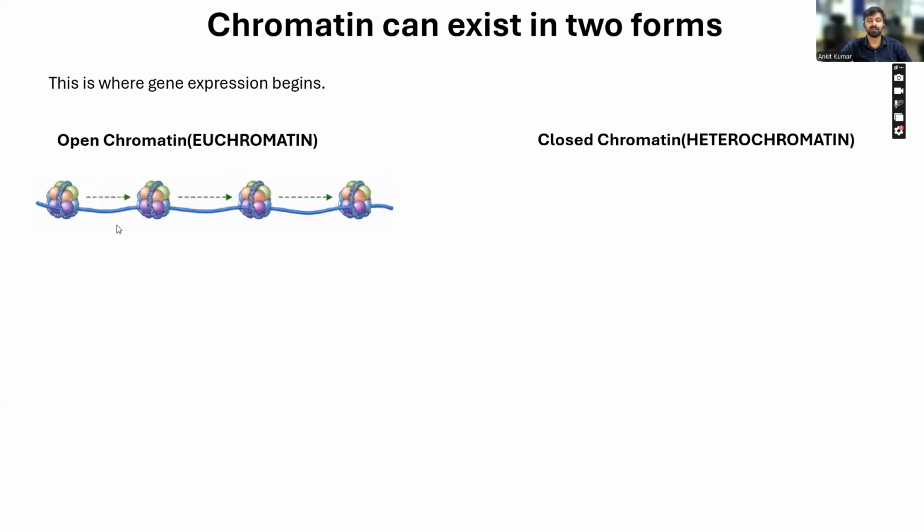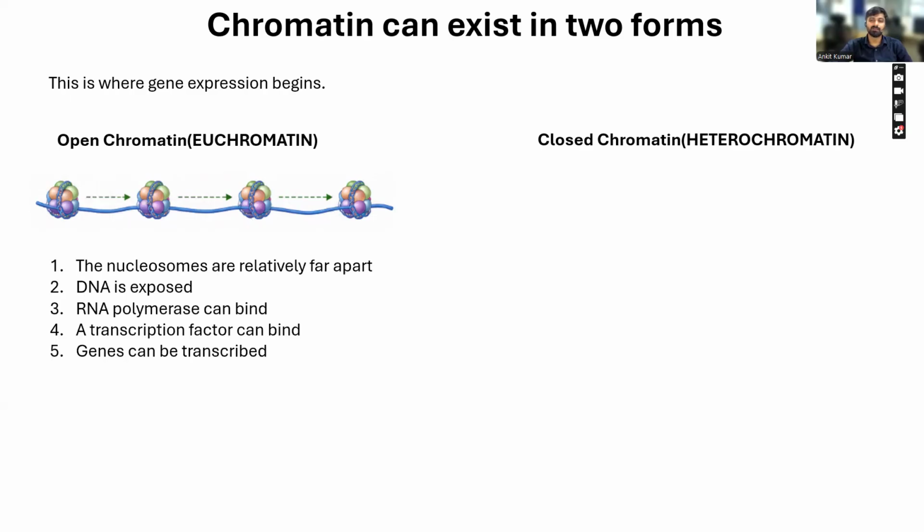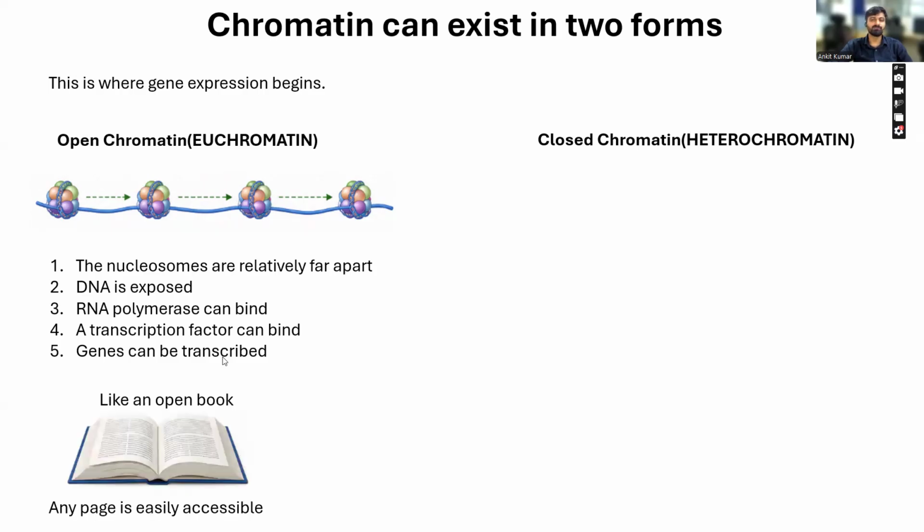RNA polymerase will come, read the DNA strands, and finally transcribe that information into the mRNA. Is that clear? In open chromatin, nucleosomes are relatively far apart and DNA is exposed, so it is easy for the RNA polymerase to bind, and a transcription factor can bind very easily, and then it can transcribe the gene into the mRNA.